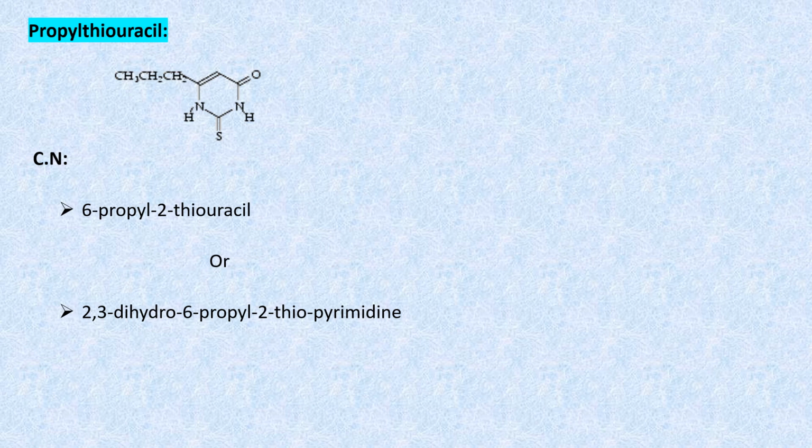This will be your chemical name: 2,3-dihydro-6-propyl-2-thiopyrimidine. If I consider thiouracil as the basic structure, then the chemical name will be 6-propyl-2-thiouracil. If I consider pyrimidine, the chemical name will be 2,3-dihydro-6-propyl-2-thiopyrimidine.